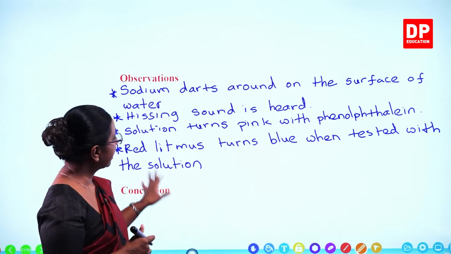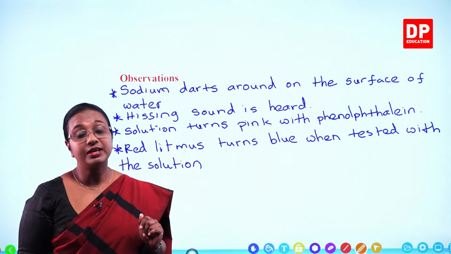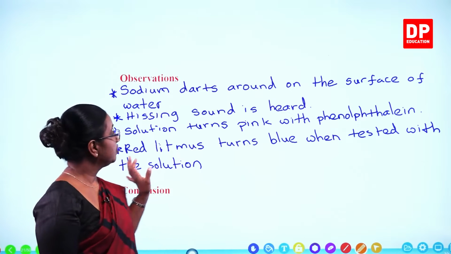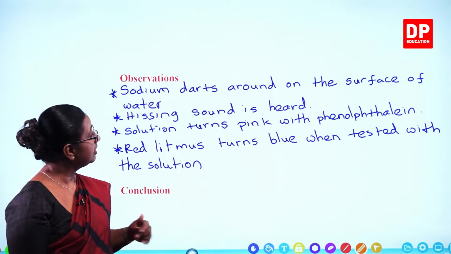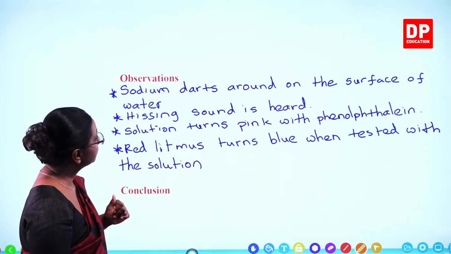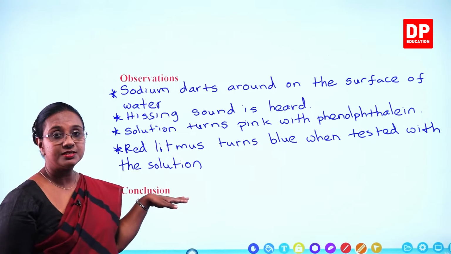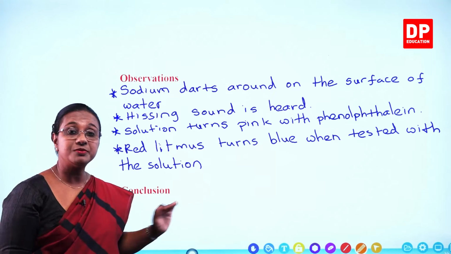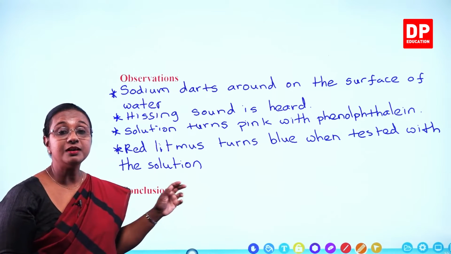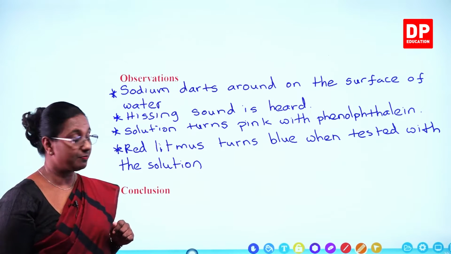So in this reaction, heat is also evolved. So you see the liberation of gas, then darting around of sodium on the surface, and also heat is evolved. So those are observations that confirm the chemical reaction taking place.